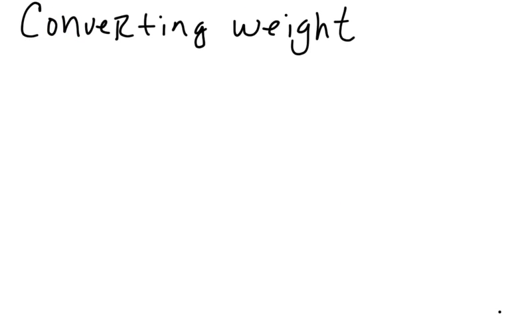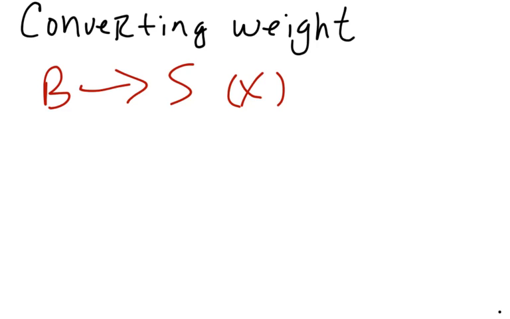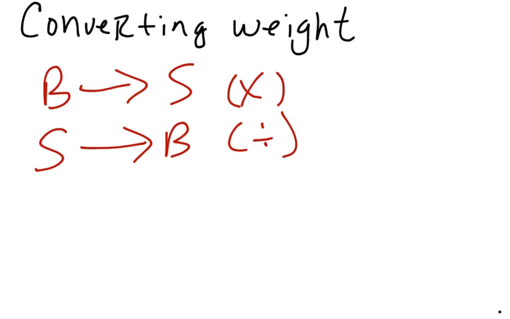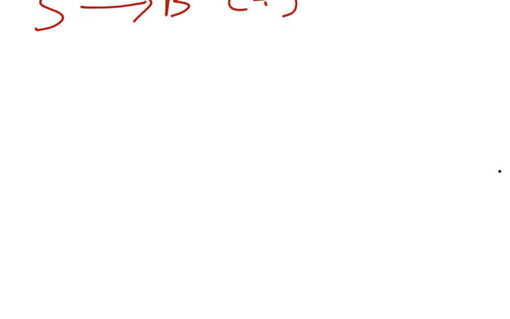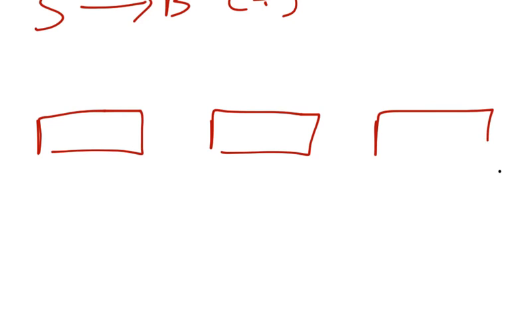So now let's talk about converting weight. Same thing that we've been doing all the time. Remember, we're going from big to small, multiply, and small to big, divide. So when we're doing this, make our same little boxes: ounces, pounds, tons.